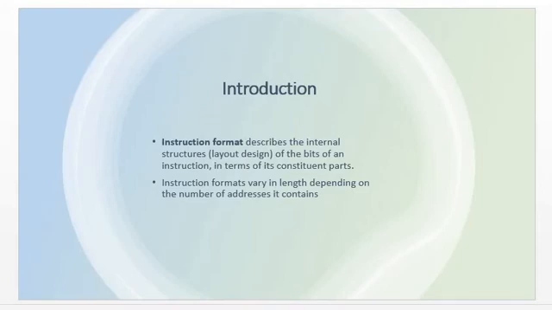So every instruction that you get in life has some form of order or some form of structure that it follows. The same thing goes for instructions that are executed in computer systems.